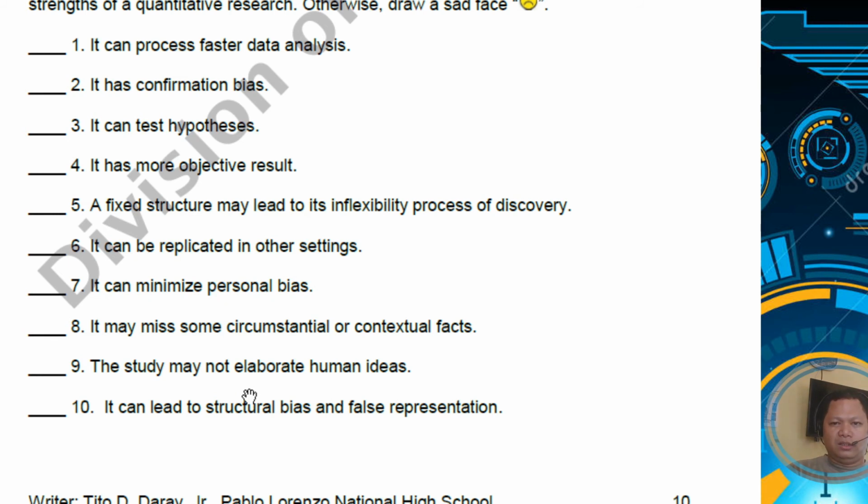Correct, that is a sad face. And number 10, it can lead to structural bias and false representation. The same, it is a sad face. I hope you got all the answers in this exercise.